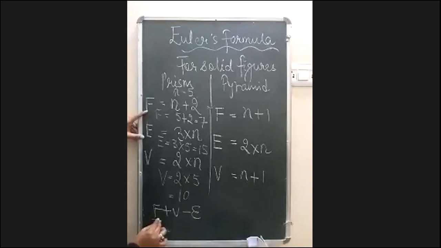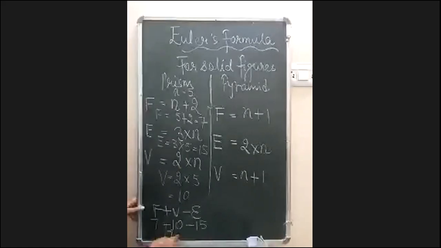F कितना था मेरे पास 7 था, V कितना है मेरे पास 10 है, उसके बाद माइनस E मतलब एजेस हमने कितना लिया 15 आ गया. तो 10 plus 7 comes 17 minus 15 and we are getting 2 here.